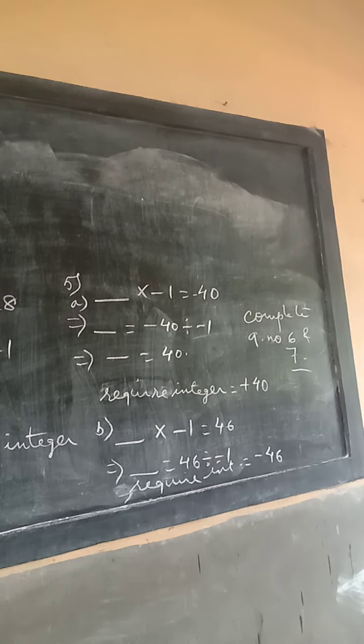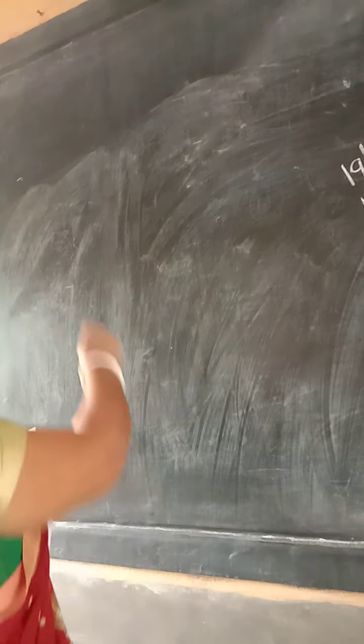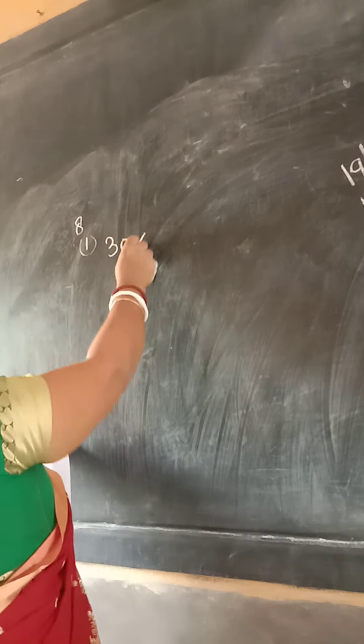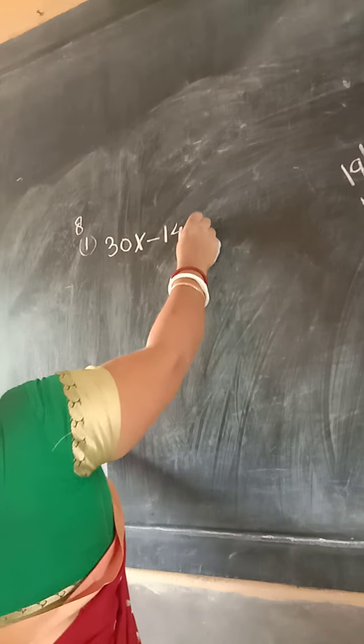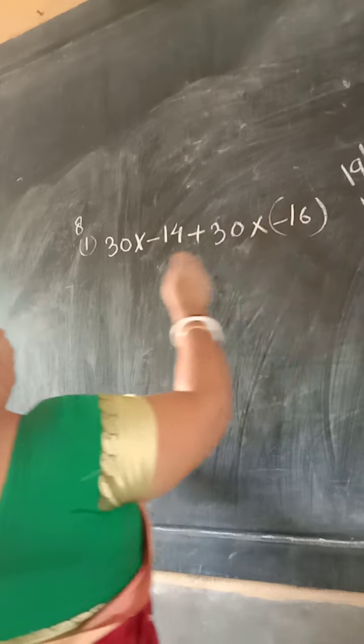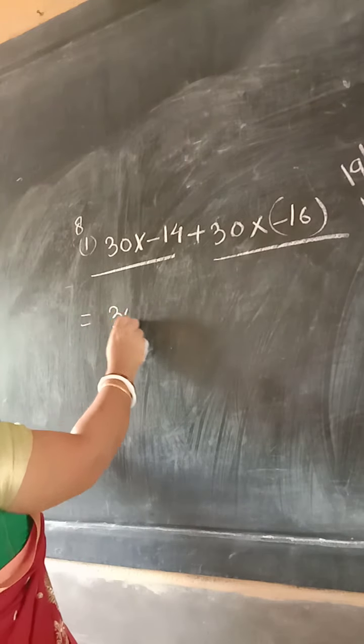Now look at question number 8. Here they have asked you to find the product using a suitable property. Now we are going to use a property by which we can find the product. Have a look, 8.1. The question is 30 into minus 14 plus 30 into minus 16. What can we see? This is one term, this is another term. So I have 30 as common.